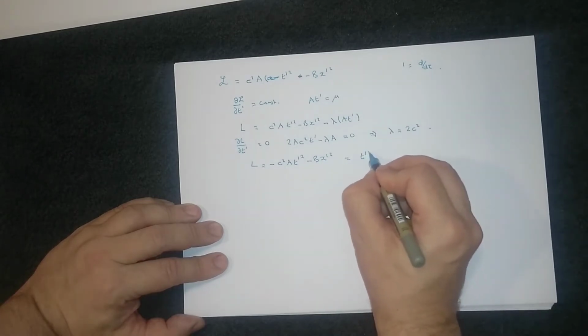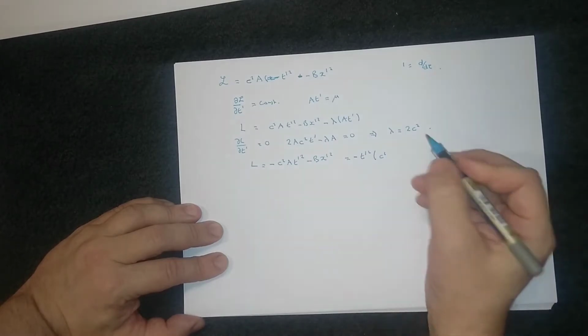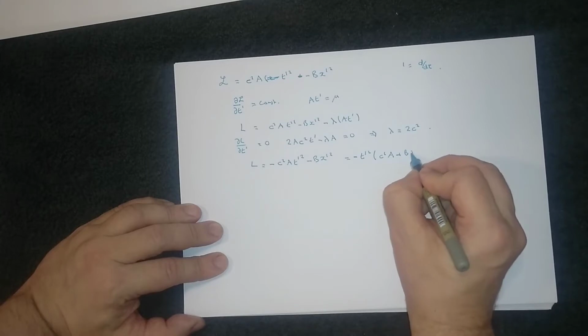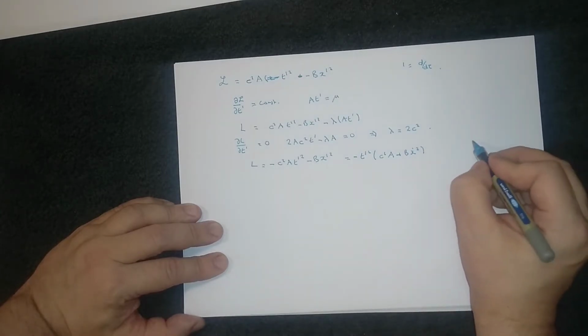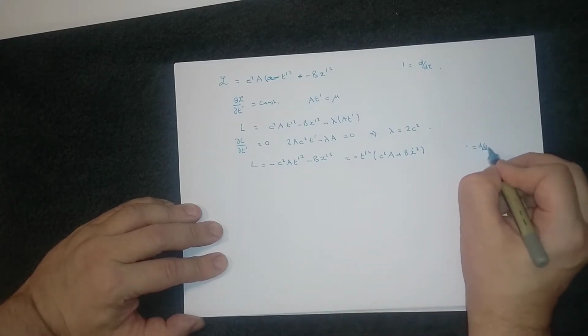That's t prime squared (c squared a plus b x dot squared), where dot now represents differentiation with respect to coordinate time.